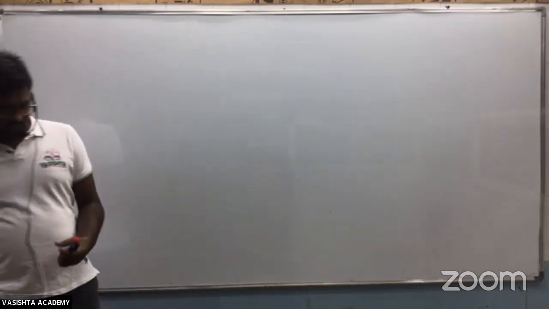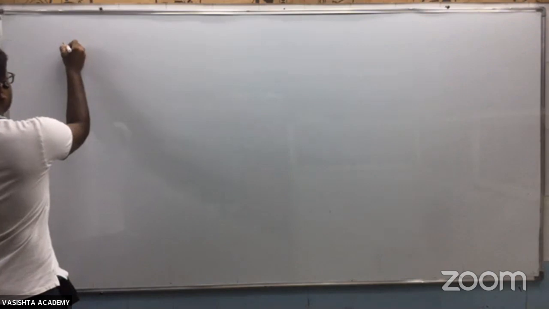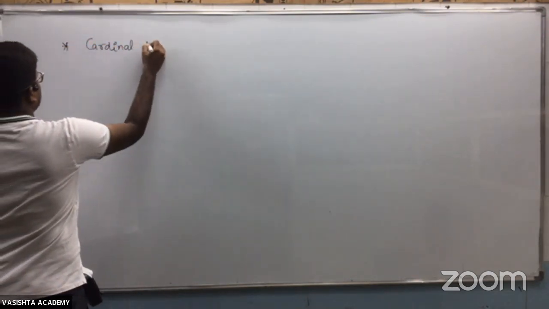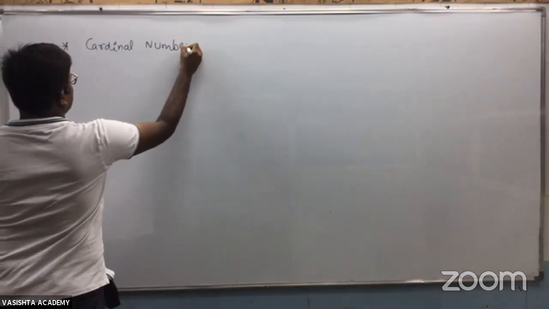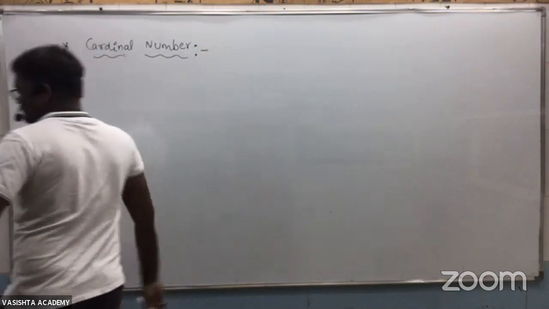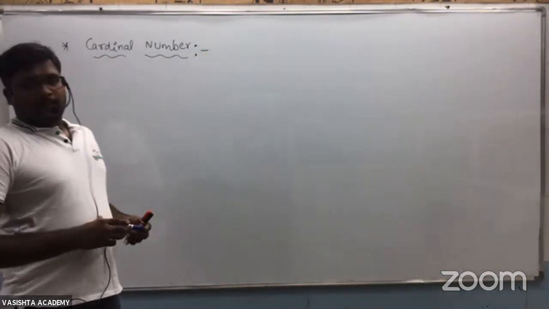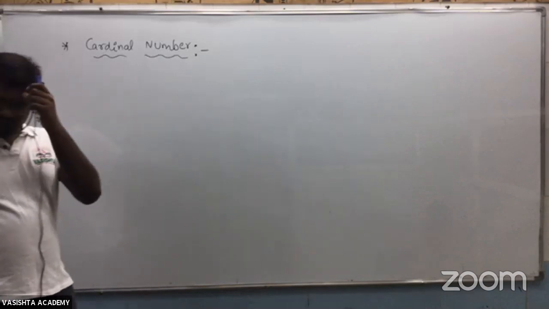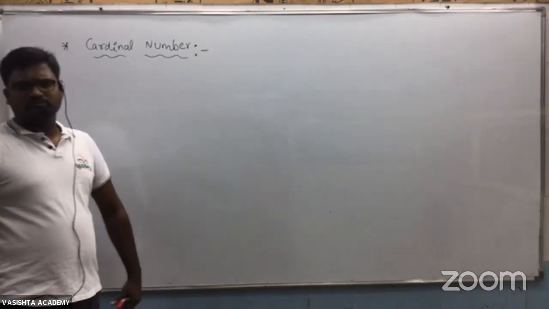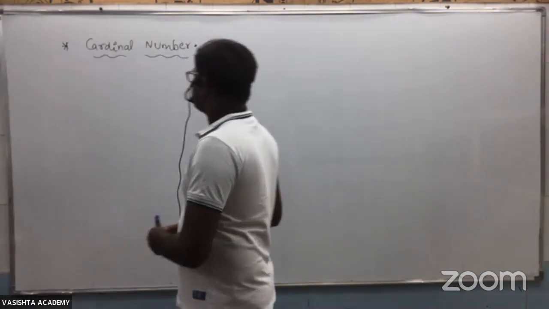We need to understand one more definition in set theory. That is, please write it down. Cardinal number. Its definition is very simple.